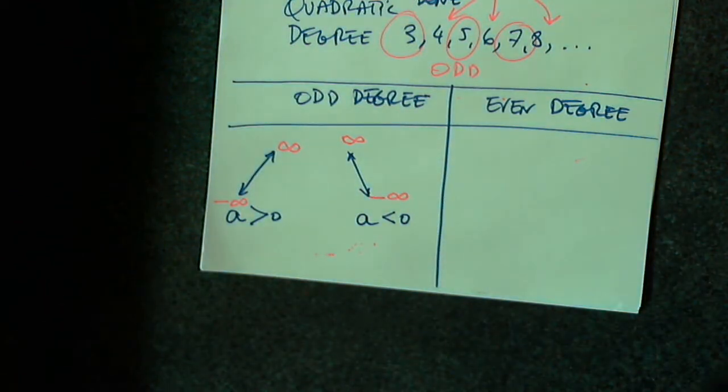Every odd degree, any polynomial of odd degree, degree 3, 5, 7, any odd degree will behave in the same way. What do I mean by that? If the leading coefficient is positive, it will start at negative infinity and go to positive infinity. Any odd degree with a positive leading coefficient. Any odd degree with a negative leading coefficient will do what? Exactly.